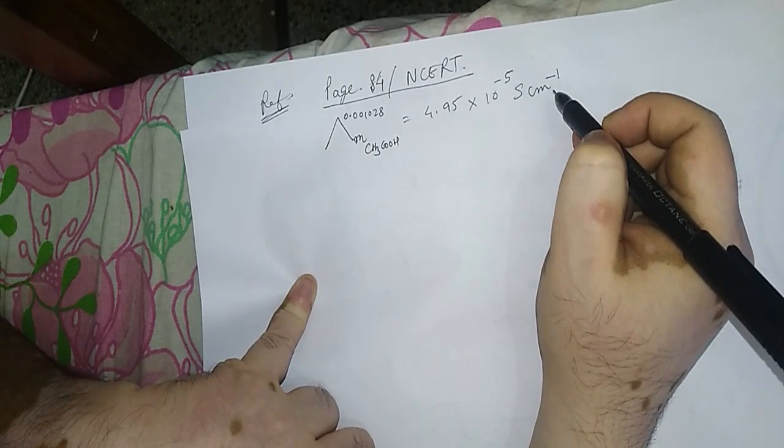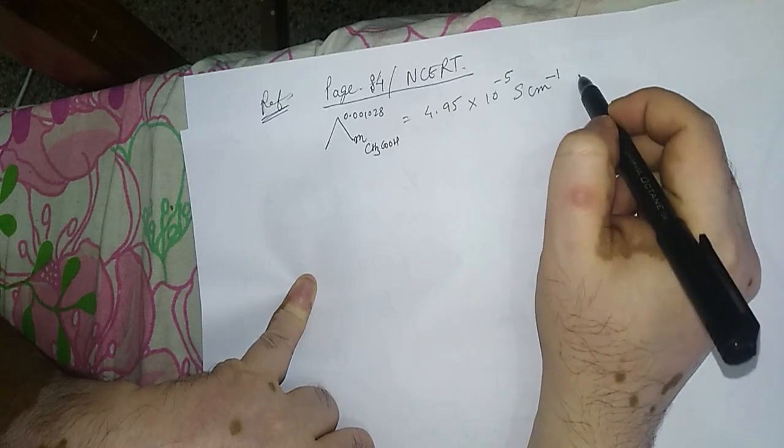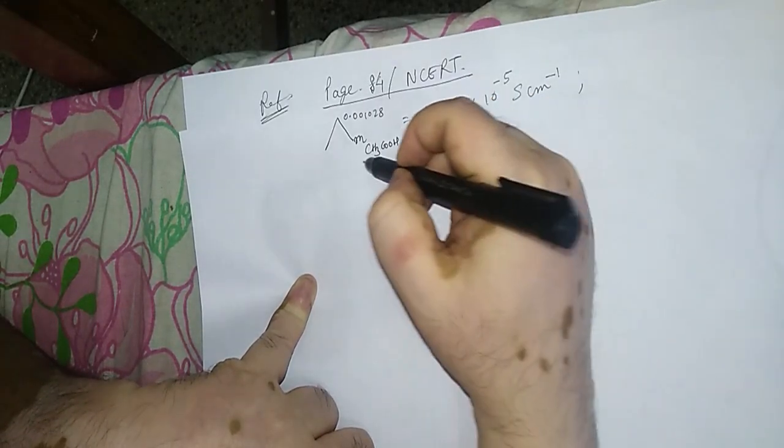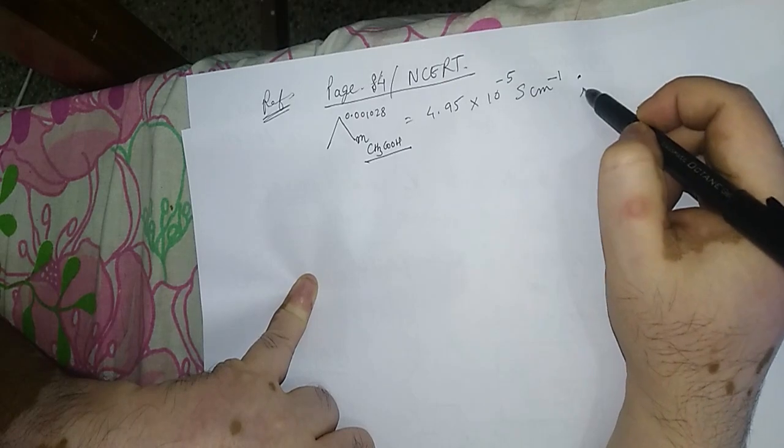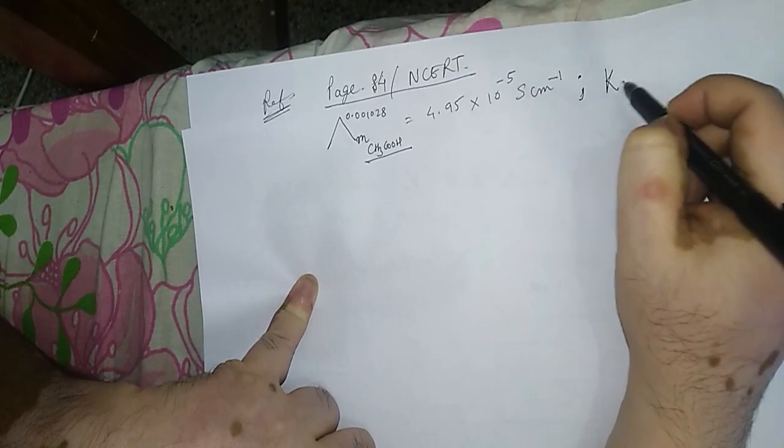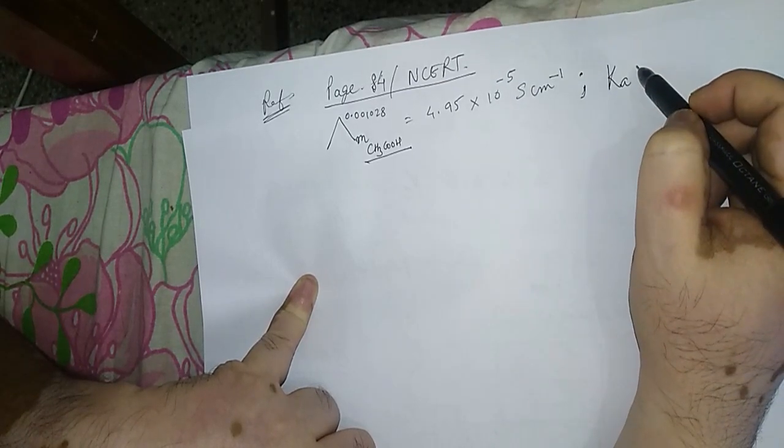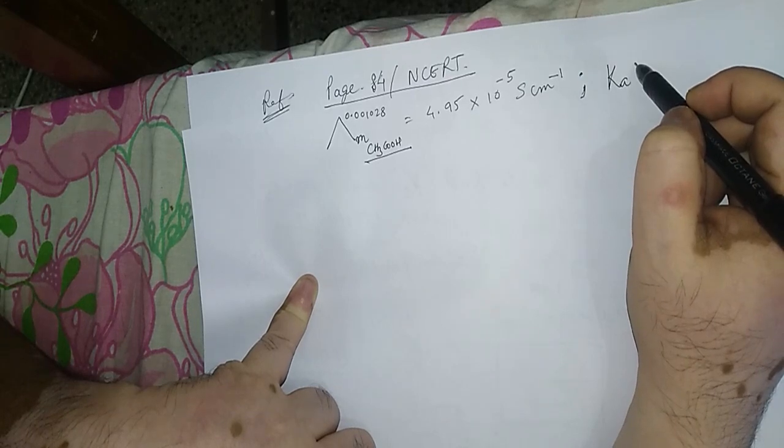We have to find out its dissociation constant. Since it is an acid, its equilibrium constant will be nothing but the dissociation constant Ka. The acid dissociation constant we have to find out.